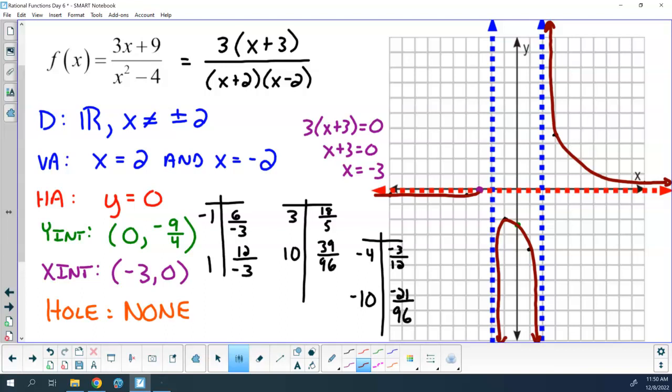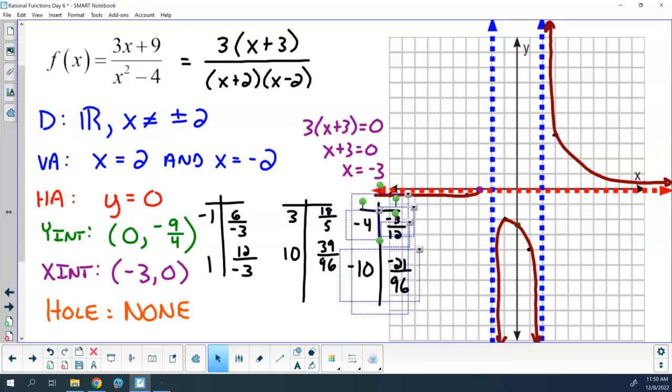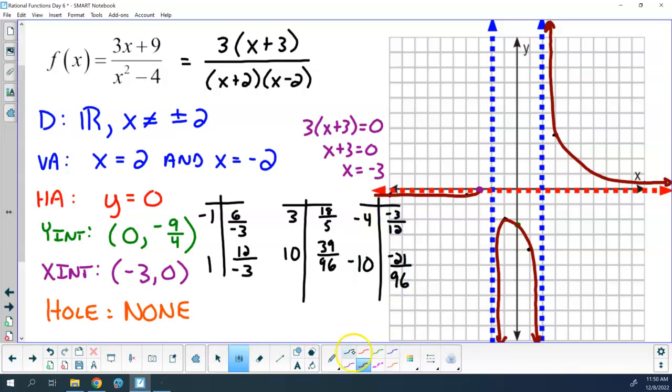Let's say I didn't know that. The downfall with this one is that we've got it right next to it. It's the very next number next to my asymptote. So if I didn't know that, I would have to plug in negative 2.5. Negative 2.5 times 3 is negative 7.5, plus 9 is positive 1.5.